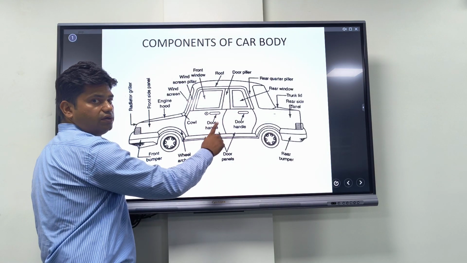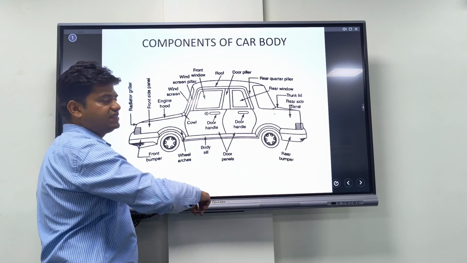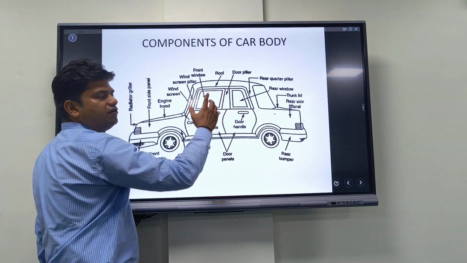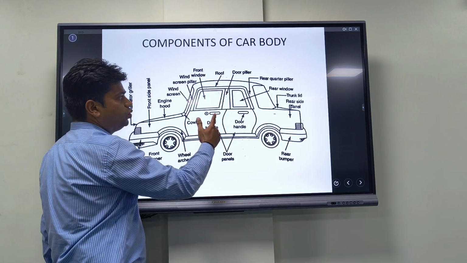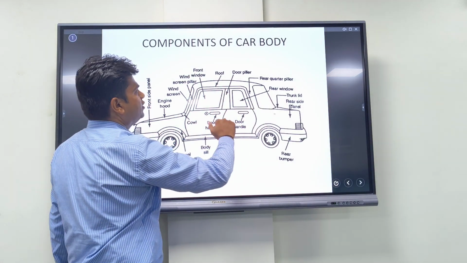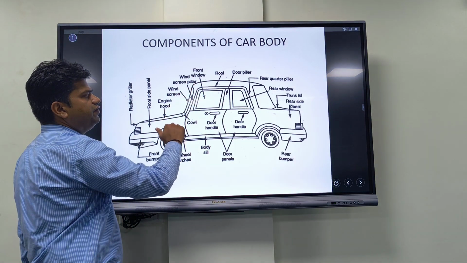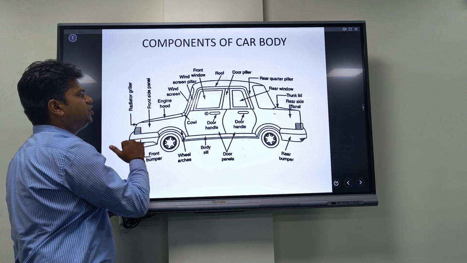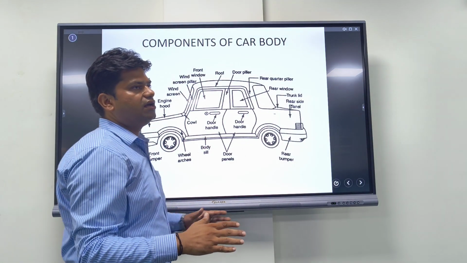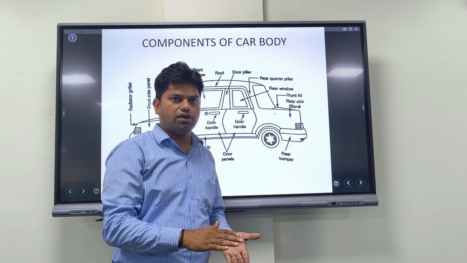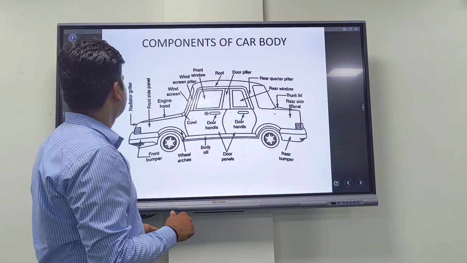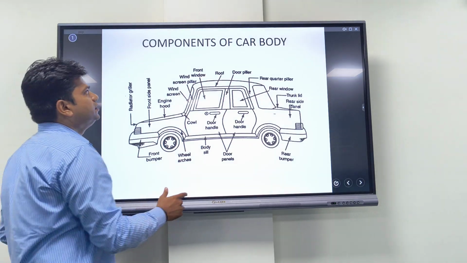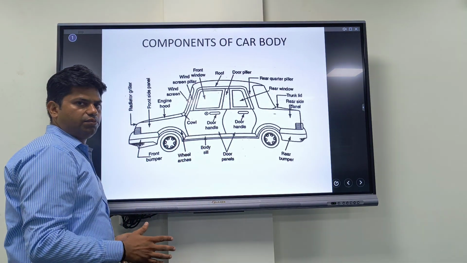There are 2 doors on the left side and 2 doors on the right side. Rear window, door pillar which holds the door, trunk, front window, screen pillar, windscreen, engine hood. Engine hood basically covers the engine in an automobile, and radiator grill. These are the components of a car body.